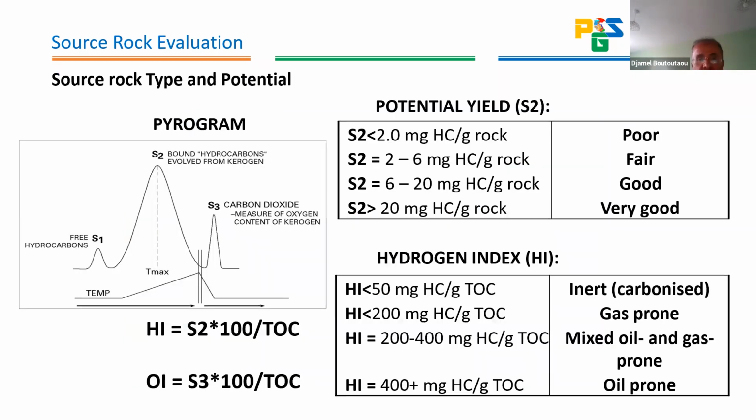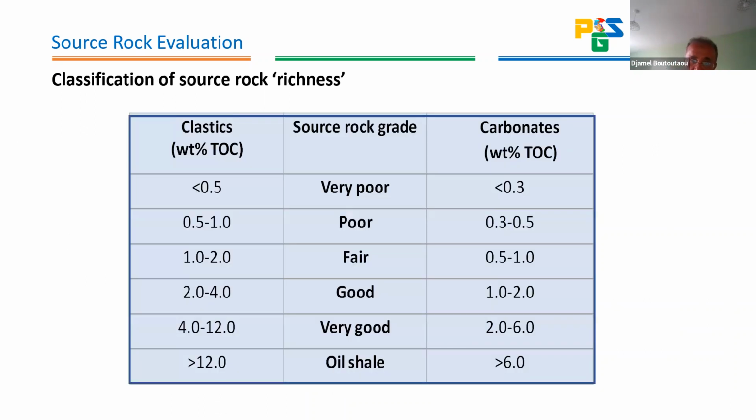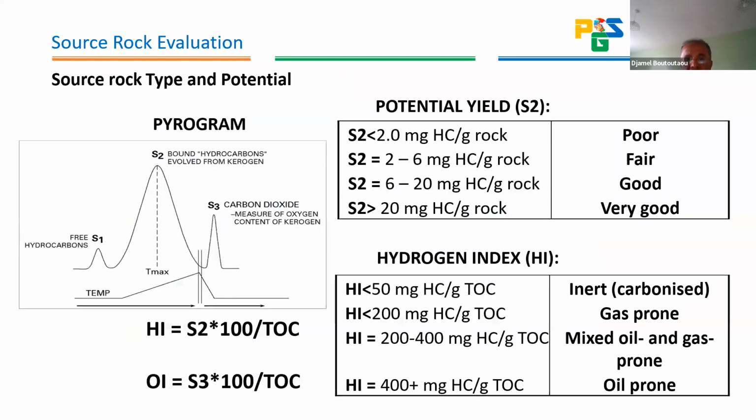The next step is to determine the type, the quality, and the potential of the source rock. Just briefly, the TOC is covered in detail in my course, but we do that screening with a machine called the LECO machine, which gives you the organic richness of your rock samples.